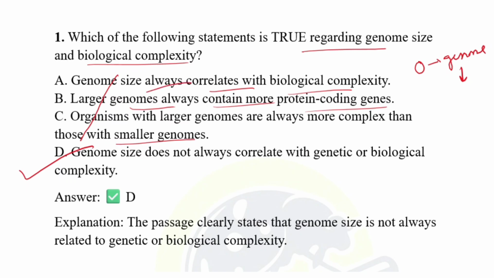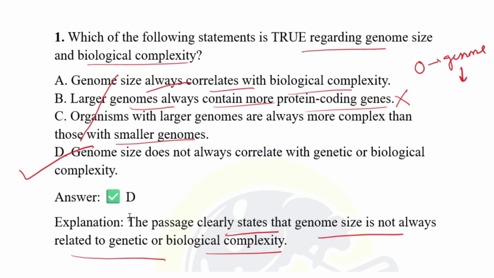And it also doesn't mean that larger genomes contain more protein coding genes. This is not true, because it is not necessary that whenever an organism has a larger genome, it has all coding genes, because we have a larger proportion of non-coding genes also. So this is also wrong. So the right answer for this question is D. The passage clearly states that genome size is not always related to genetic or biological complexity.